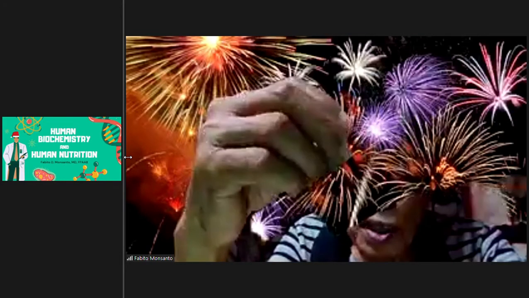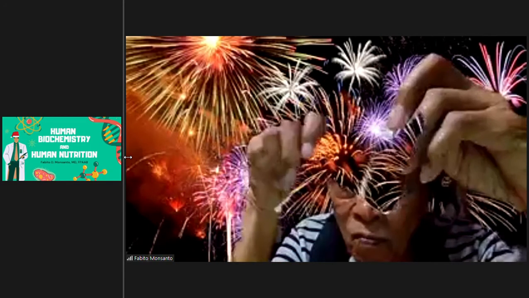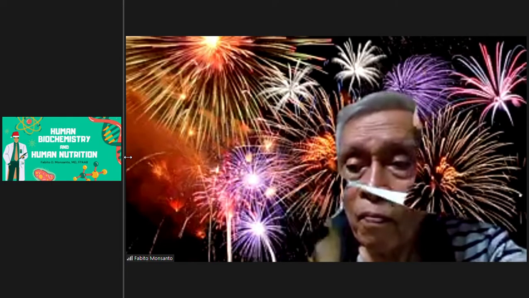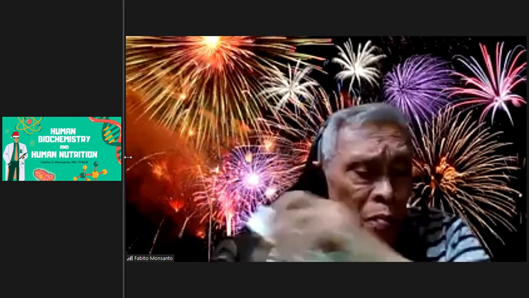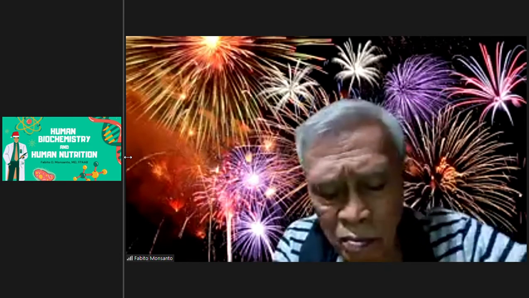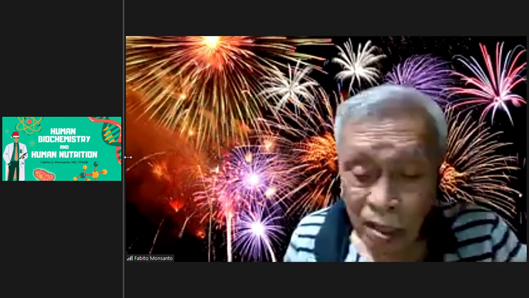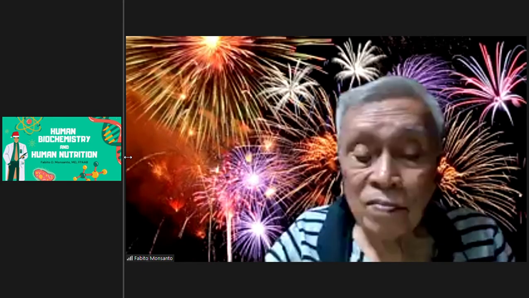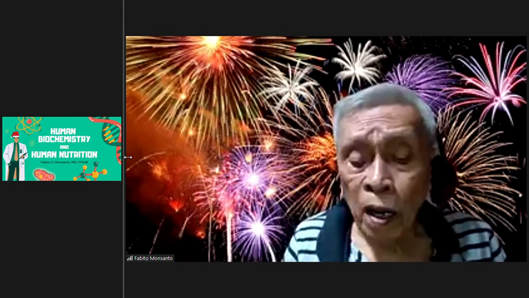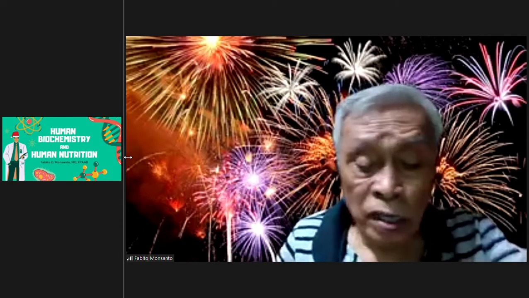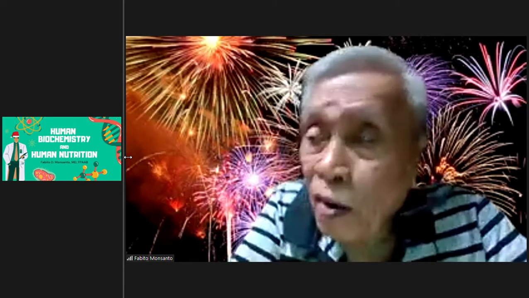When it is in chair form, it looks like this. Oh, never mind. Boat form or chair form. Okay. So more or less you have an idea of how your carbohydrate looks like. Okay.